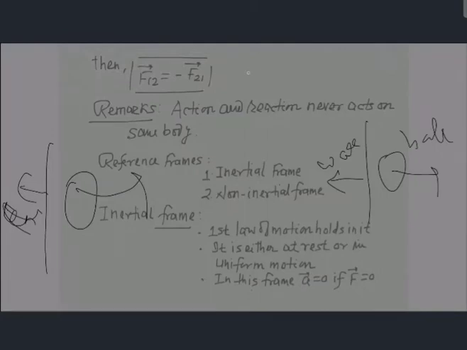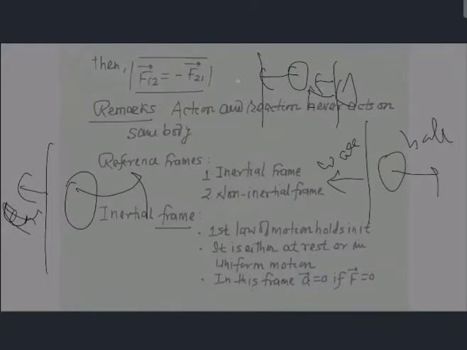Okay, if this would have been the case that action and reaction act on the same body, then the ball would have hit the wall and it would have stuck to the wall, okay, because reaction is not there, and all the action was on wall and reaction was also on wall only.